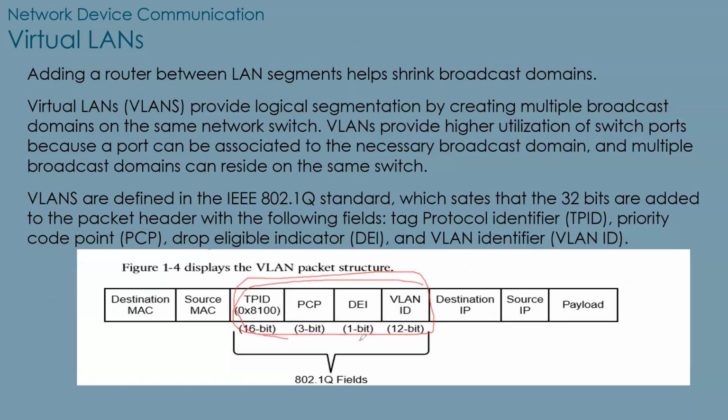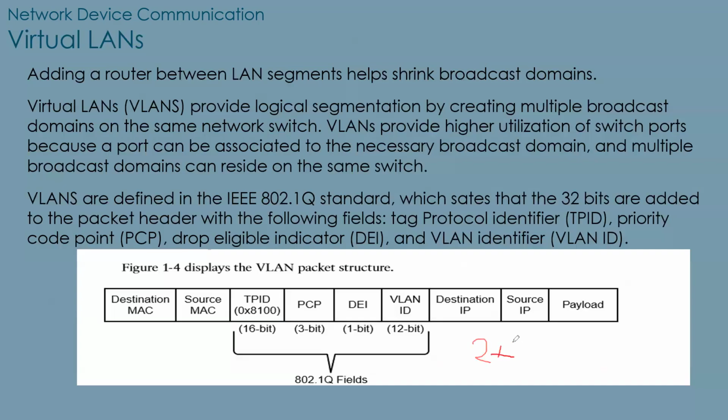In this 802.1Q format, we have the VLAN ID, the DEI, drop eligible indicator, the PCP, priority code point, and then you have the TPID. But basically we are focusing on this VLAN ID. You have a total of 12 bits for the VLAN. So that means you can create 2 to the power 12 VLANs. How much is 2 to the power 12?